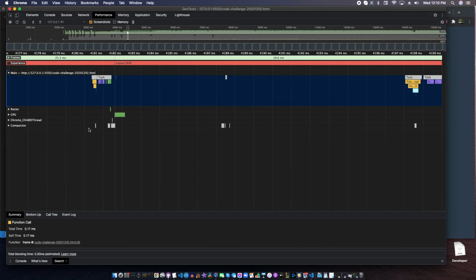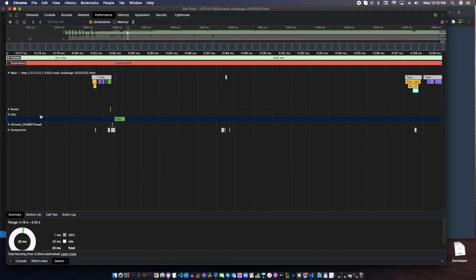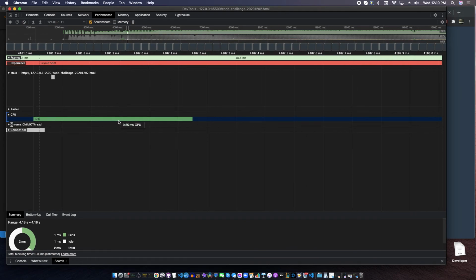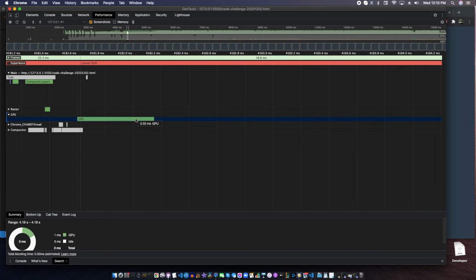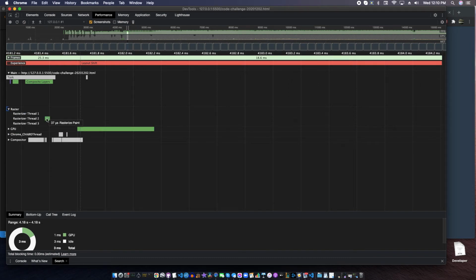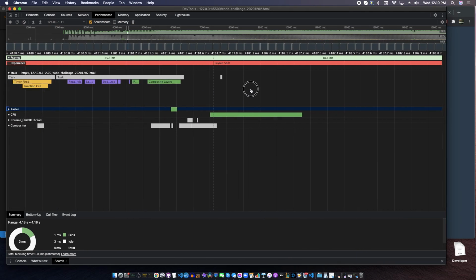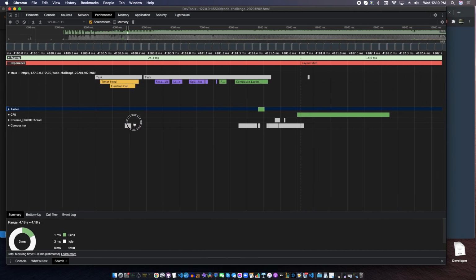It has this GPU, like Chrome has a virtual GPU or something. 0.55 milliseconds. 37 microseconds. Composite. Okay, and so you just click and drag.